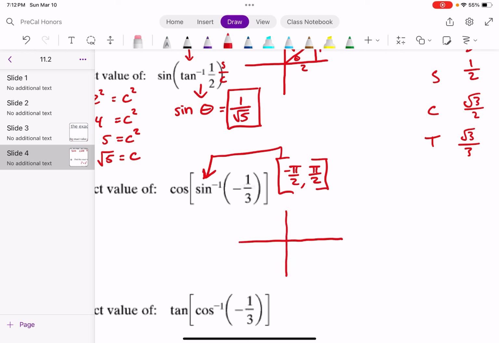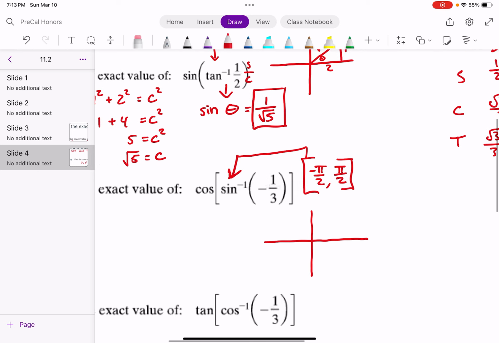In this case, we are going either 1 to the right and down 3. Correction. We're moving to the right, but we're either going to drop down 3 and our hypotenuse be 3, or it would be flipped to the other side.